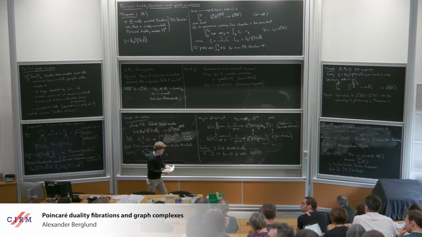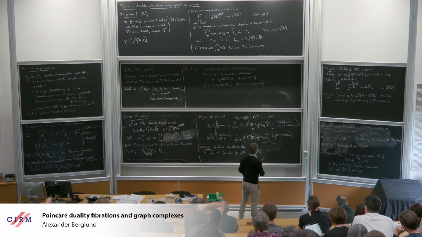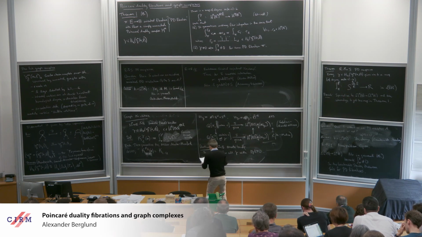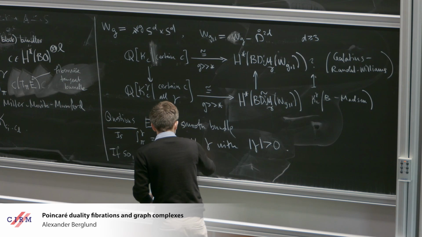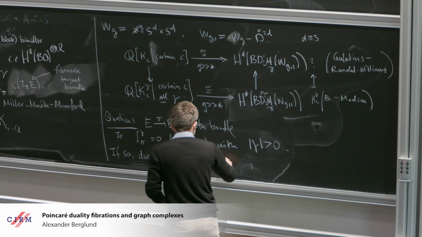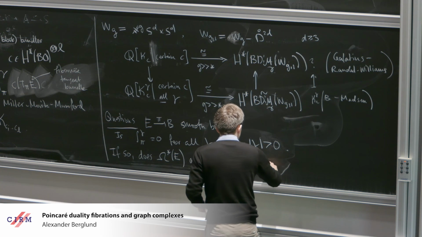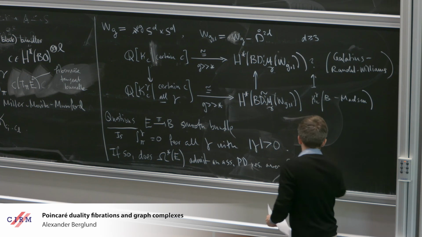And if so, a possible reason for them being 0 could be that they admit these kinds of multiplicative structures in the resolution. So does the forms on E admit an associative Poincaré duality resolution over the forms on the base for smooth bundles?